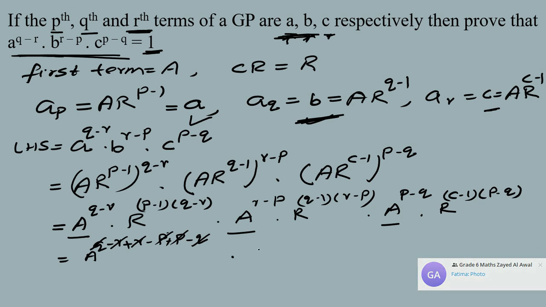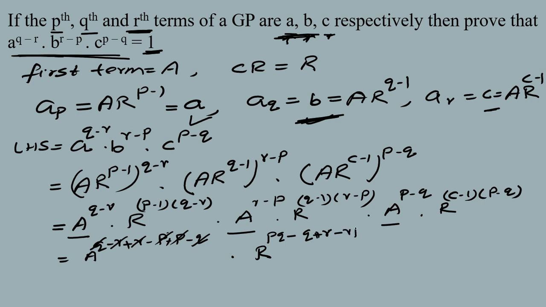Now, what about R? R to the power, just expand all the brackets with multiplication. So it will be PQ minus Q minus R plus R and minus RP. And from here, plus QR minus R minus PQ plus P. And from the last term, why are we getting C minus 1?